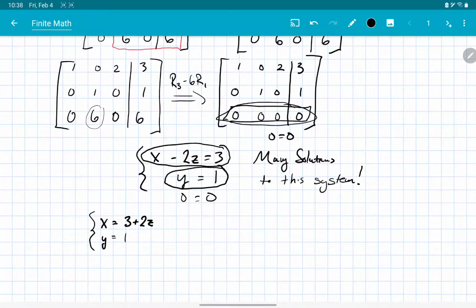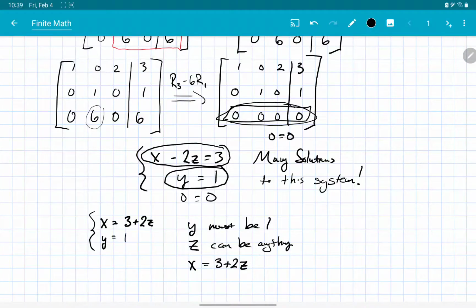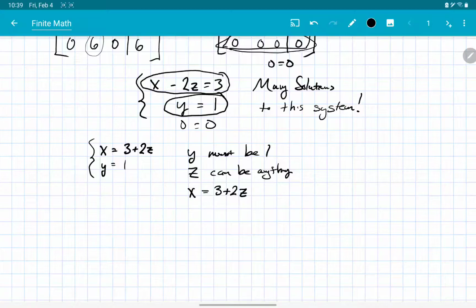This says that y must be 1, z can be anything, and x must be 3 plus 2z. Okay, I'll show you how you would write some specific solutions in a moment. But that's what we've learned from doing this Gauss-Jordan elimination: y has to be 1, z can be anything, and x is equal to 3 plus 2z.